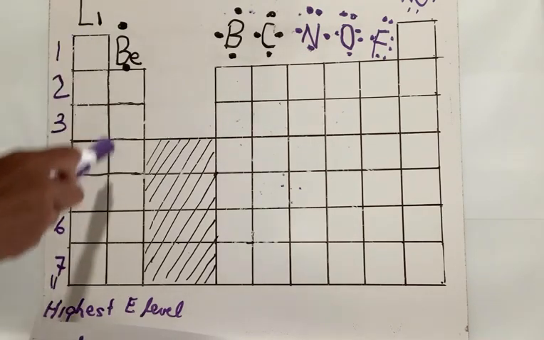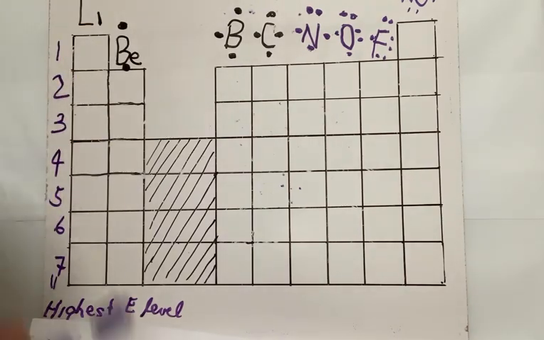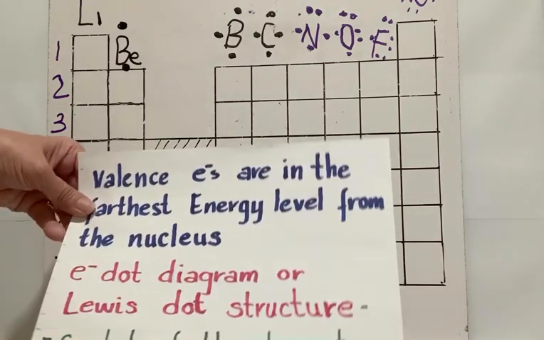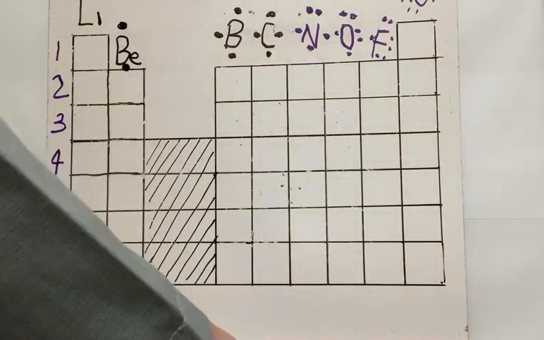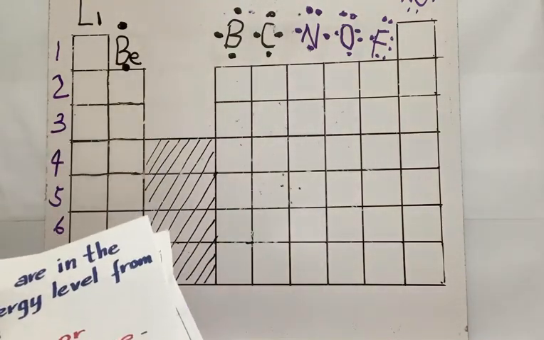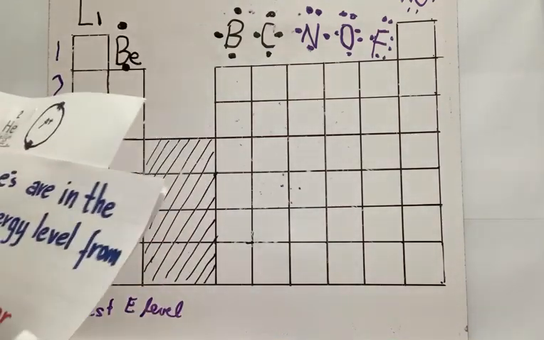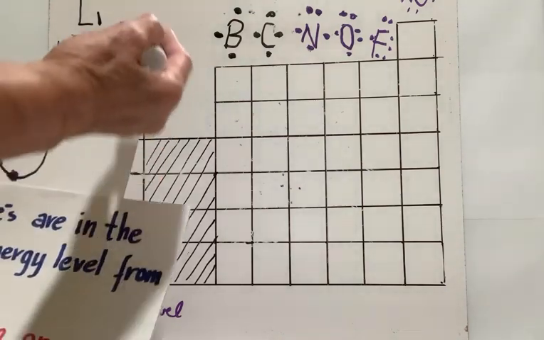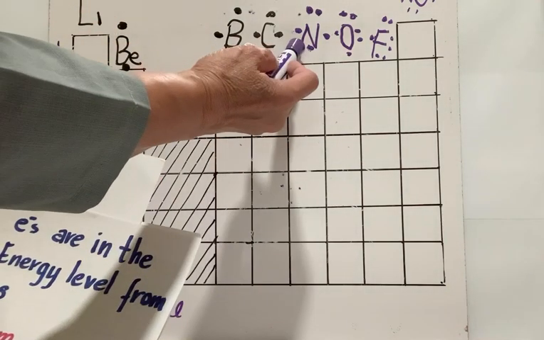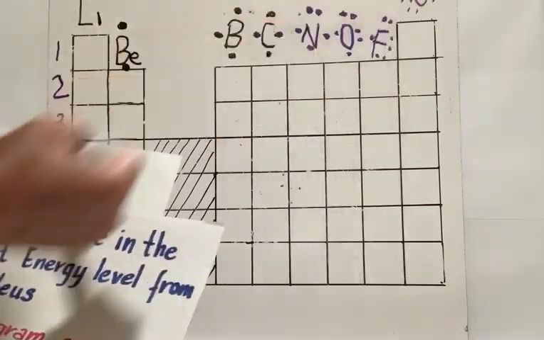If it is under group 1A, we know it has one valence electron. Again, the valence electrons are the electrons in the highest energy level, and the electron dot diagram or Lewis dot structure is the symbol of the element with dots representing the valence electrons.